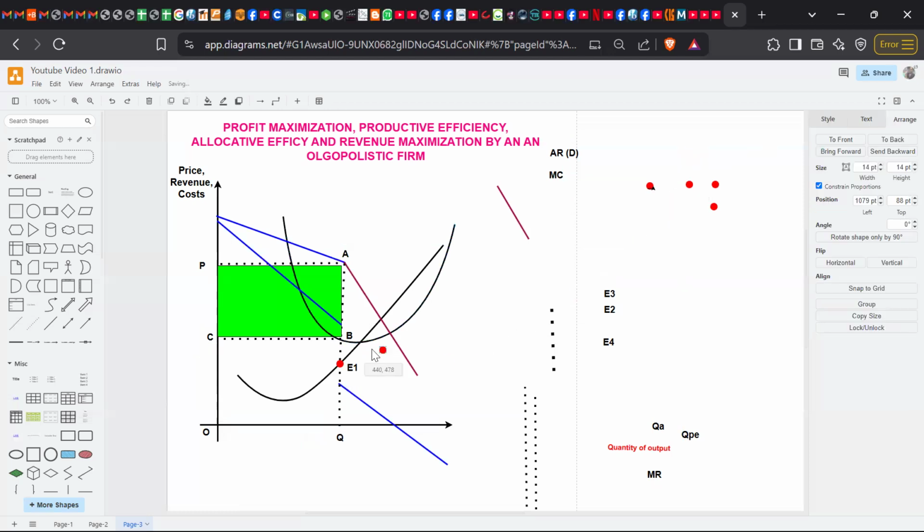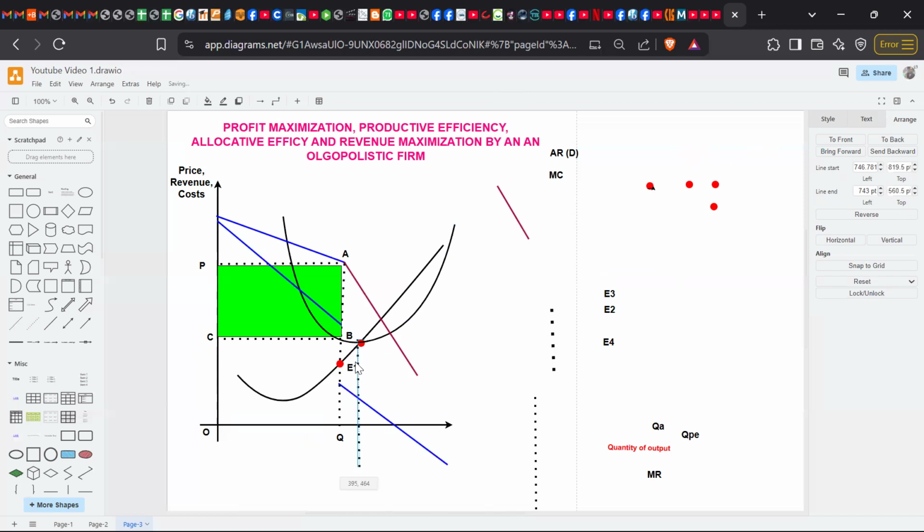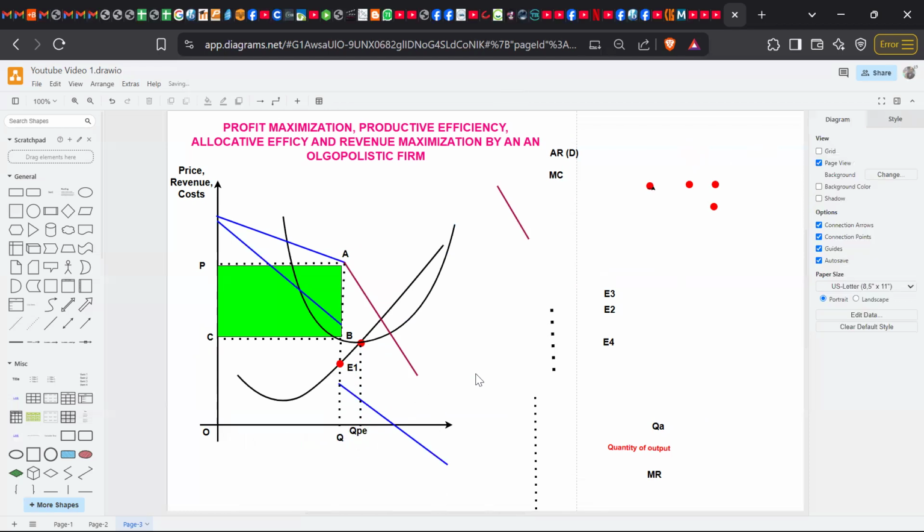So we have productive efficiency at this point where the firm is producing at the minimum point of AC, right? So productive efficiency makes sure that the firm produces at the minimum point of AC, which enables the firm to produce QPE amount of output. Okay, minimum point of AC.